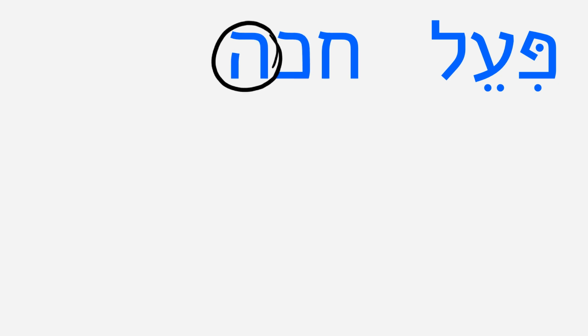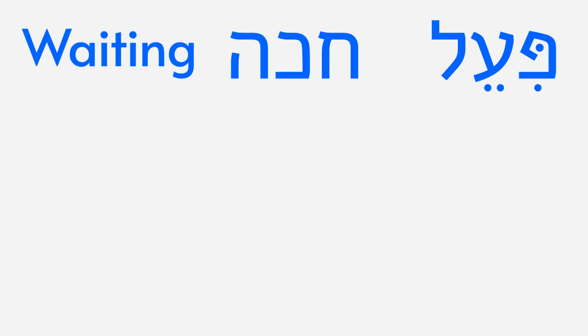The Piel does not have as many irregularities as the kal, but we will look at a couple common root letters that will make the Piel infinitive irregular. Just like the kal, if a root ends with hey, the Piel will be irregular in the infinitive. For an example of this, let's use the root chet kaf he, which in the Piel has a meaning of waiting.